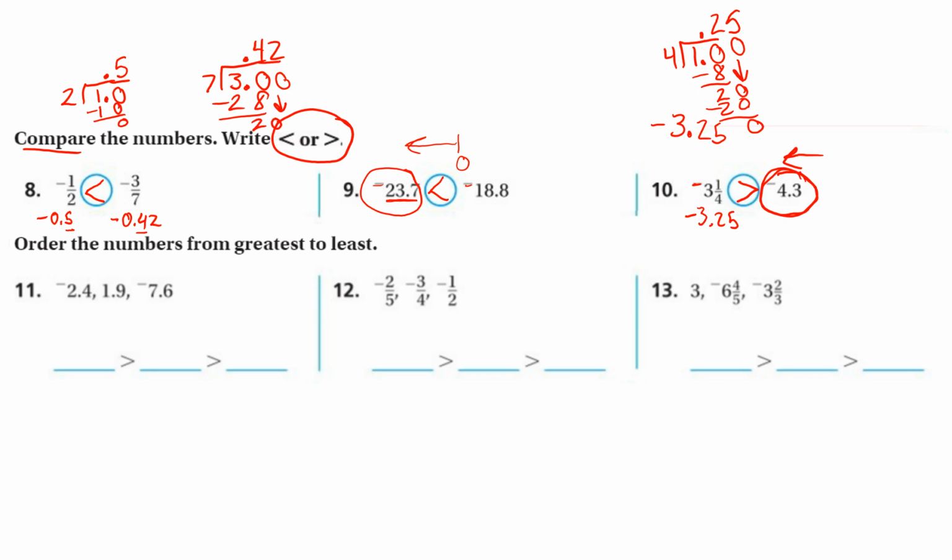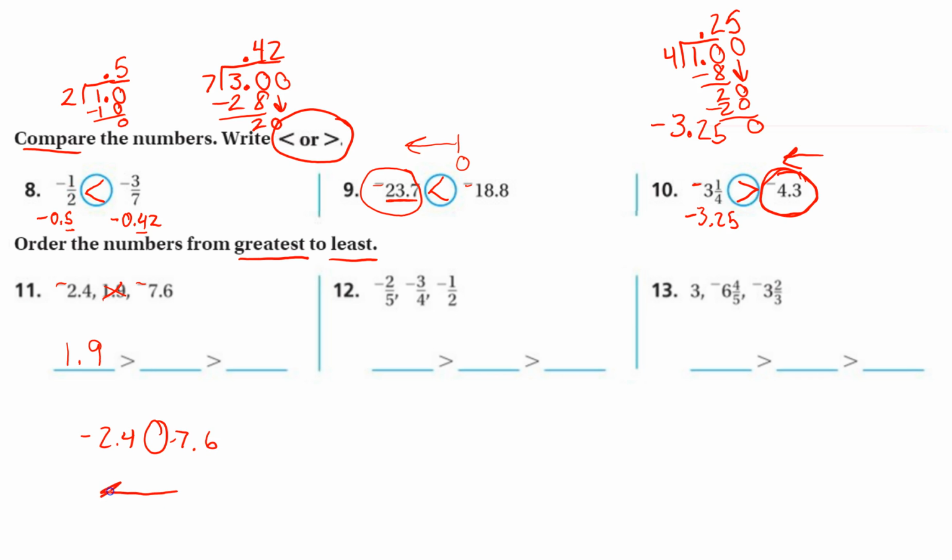Okay, let's go down to number 11, 12, and 13. Order the numbers from greatest to least, so the biggest number first. Well, here we have 2 negative numbers and a positive number. Well, the positive number is definitely going to be my biggest, so I can get rid of that already. Okay, then I'm just comparing -2 4/10 to -7 6/10.